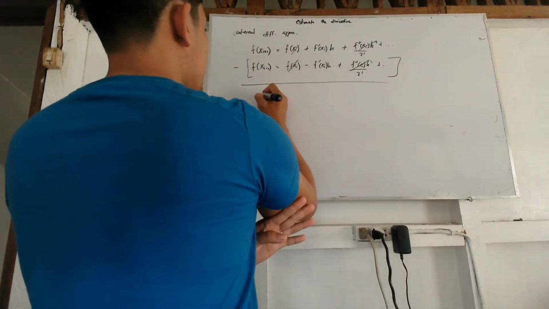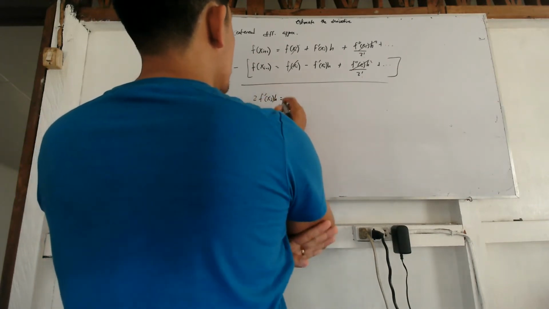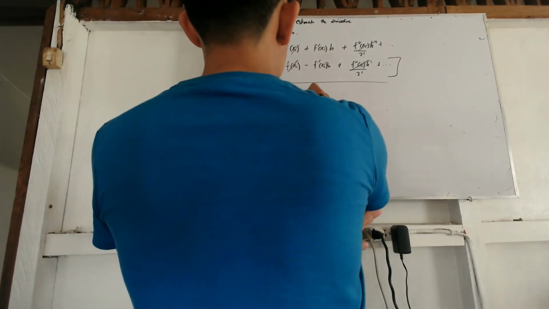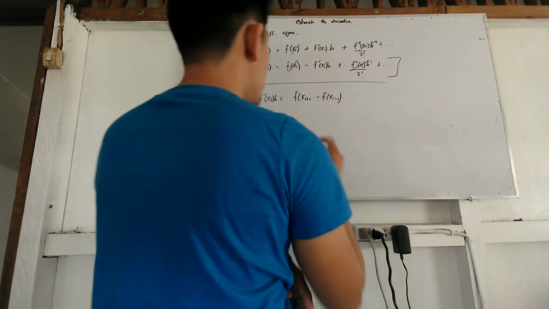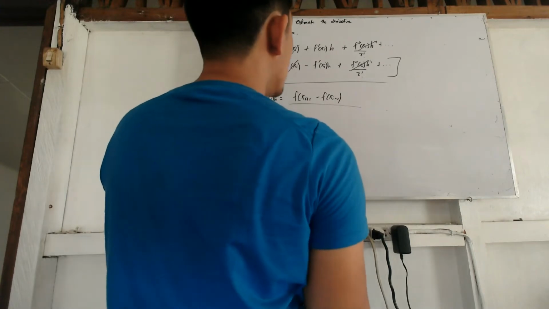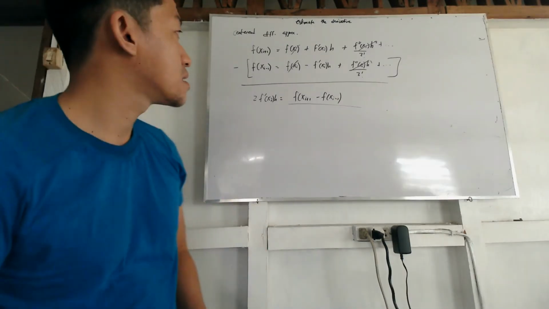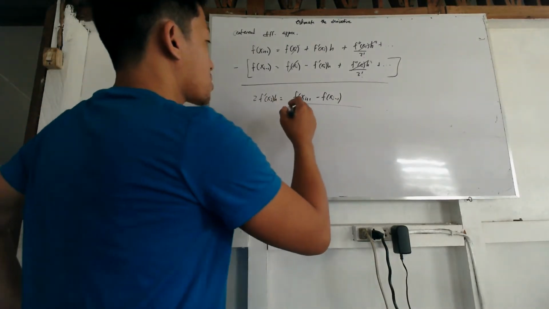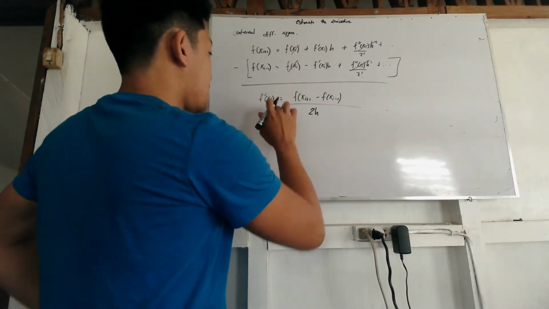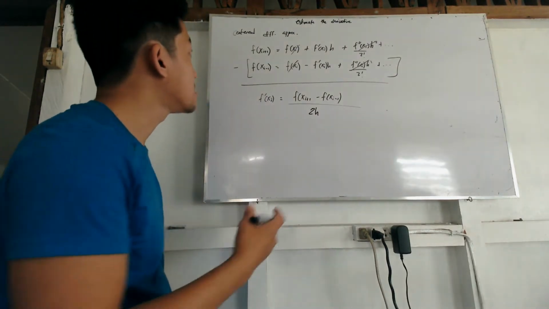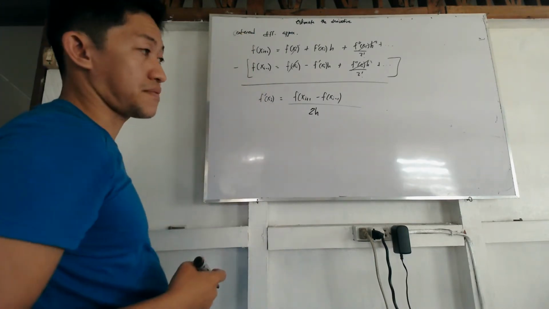So you are left with 2f prime of xi is equal to f of xi plus 1 minus f of xi minus 1 over, and if we divide this one by 2h, okay, so what remains is the approximation for the first derivative using the centered difference.